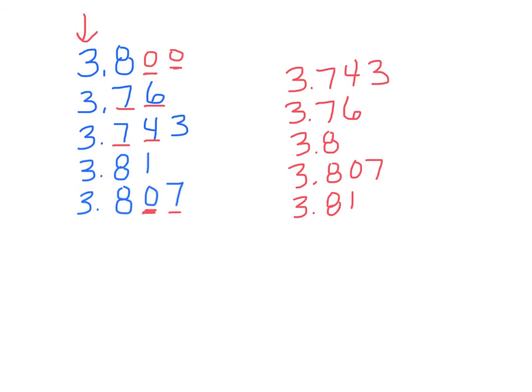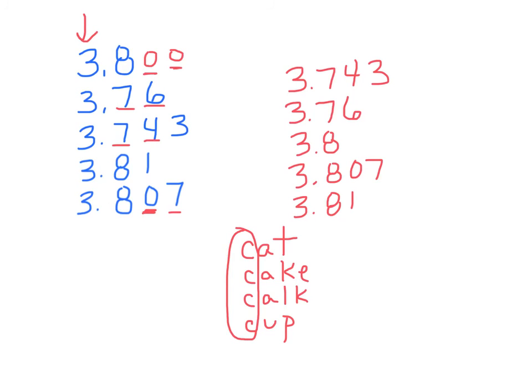Putting decimal numbers in order from least to greatest is really similar to just doing something in alphabetical order. For instance, if you were given the words cat, cake, caulk, and cup, you know to put them in alphabetical order, they all start with a C. So now I need to take a look at the second letter.